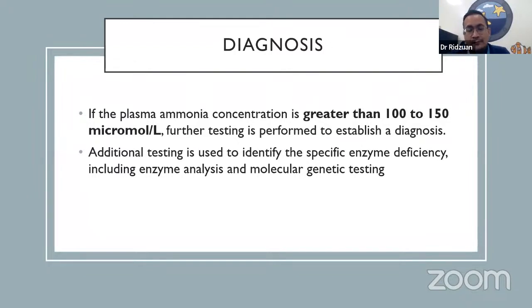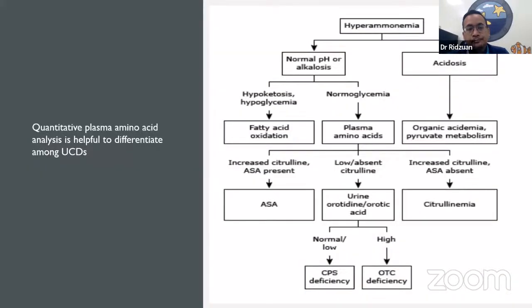Additional testing is used to identify the specific enzyme deficiency, including enzyme analysis and molecular genetic testing. Quantitative plasma amino acid analysis helps us differentiate among the urea cycle disorders. When the child presents with hyperammonemia with normal pH or alkalosis with normal glycemia, a urea cycle disorder should be suspected.